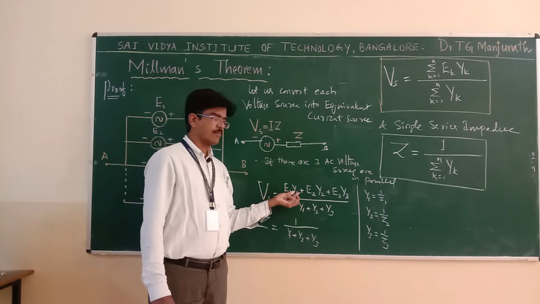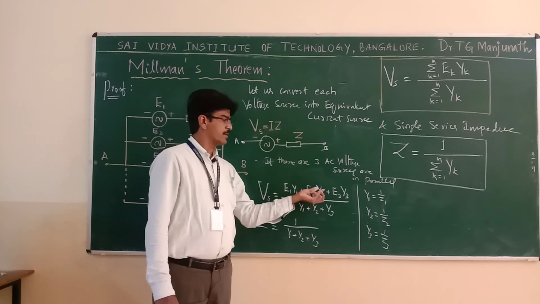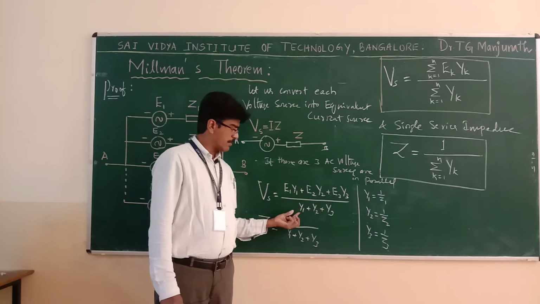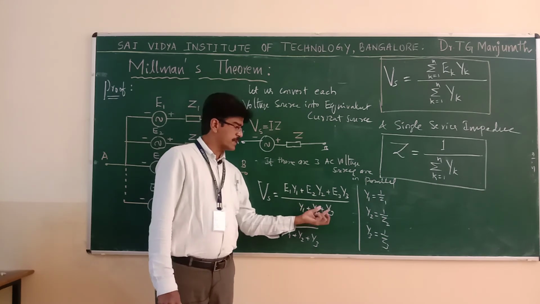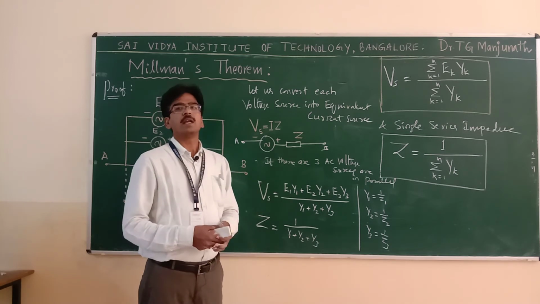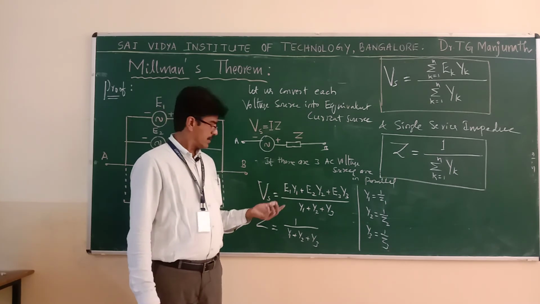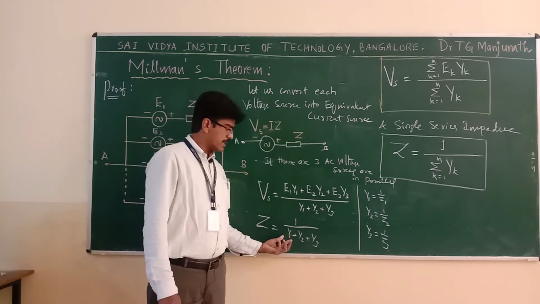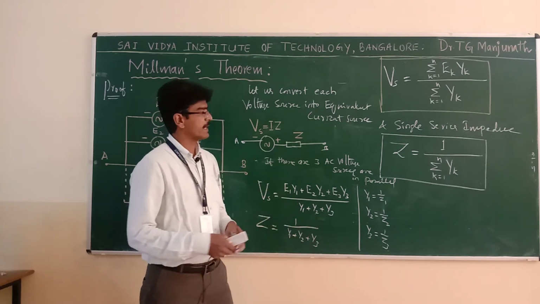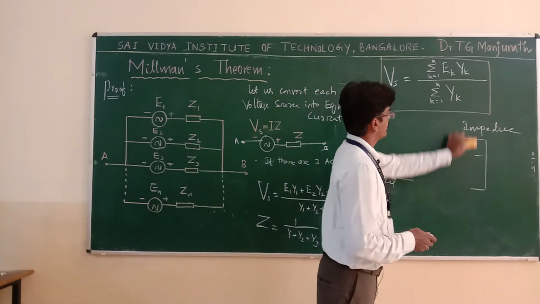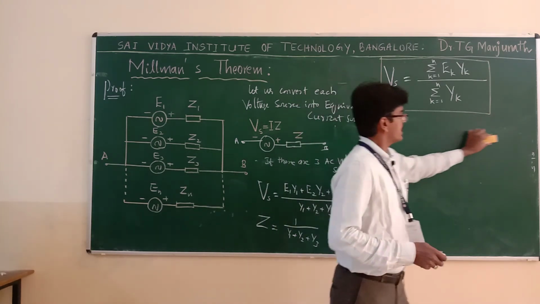E1 G1 plus E2 G2 plus E3 G3 divided by G1 plus G2 plus G3. What does G represent? Conductance, the inverse of resistance. That's all. Similarly, the resistance you are going to find here is given by 1 divided by G1 plus G2 plus G3. Suppose you want to write that also, I will just conclude that.